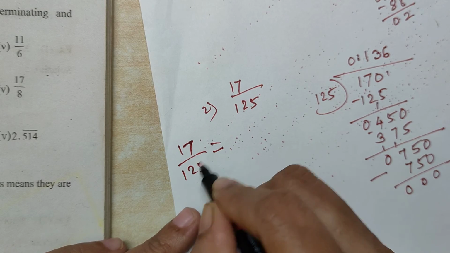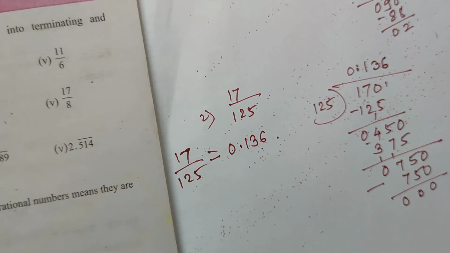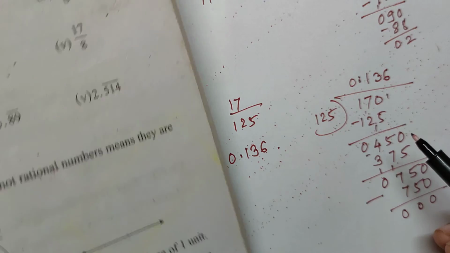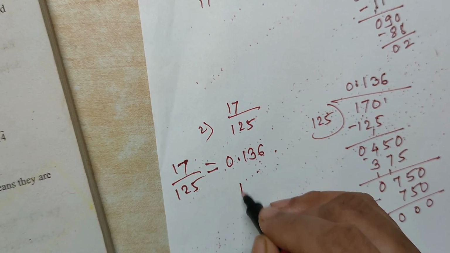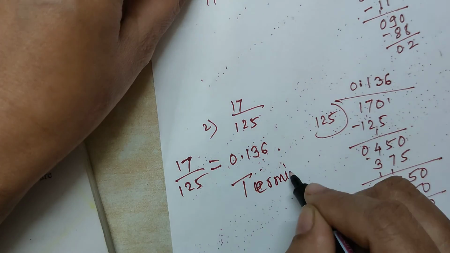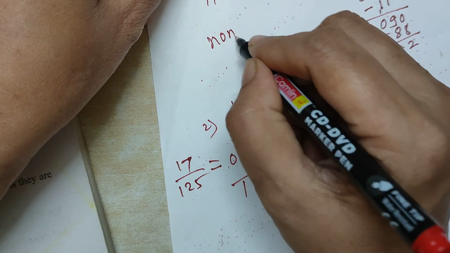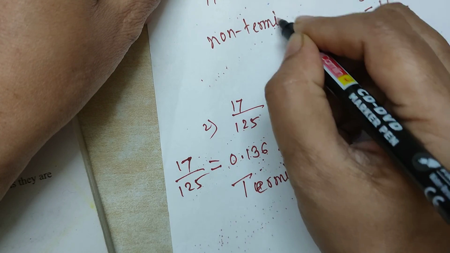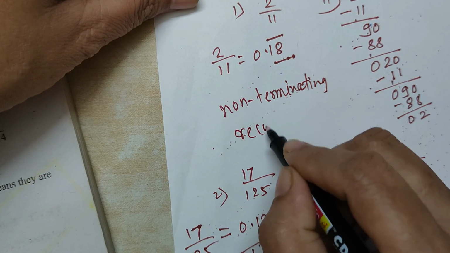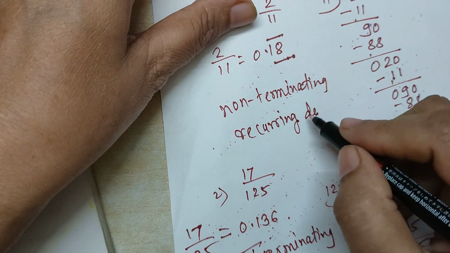17 divided by 125 is equal to 0.136. Therefore 17 upon 125 is terminating, and 2 by 11 is non-terminating recurring decimal.